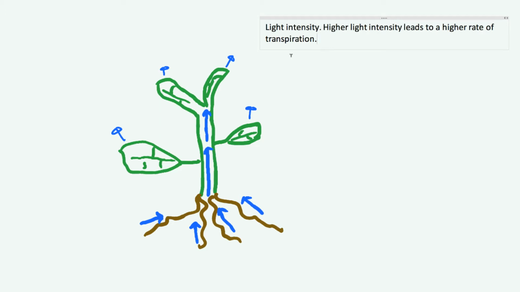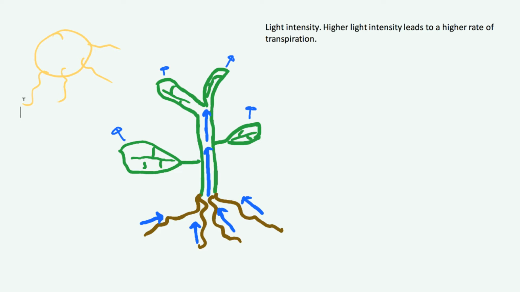Now, basically what happens is the guard cells, do you remember that the guard cells are what are opening and closing the stomata? The guard cells actually close the stomata when it's dark, but open them when it's light. And there's a good reason for that. So let's just quickly demonstrate. If it was really sunny, right, and we had a lot of light out, that is the best time for photosynthesis to occur. But for photosynthesis to occur, CO2 needs to come into the leaves because CO2 is needed for photosynthesis.